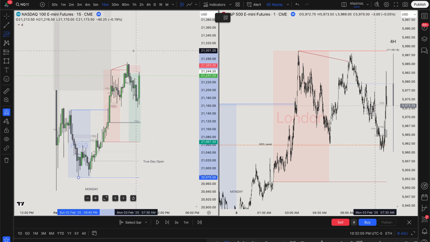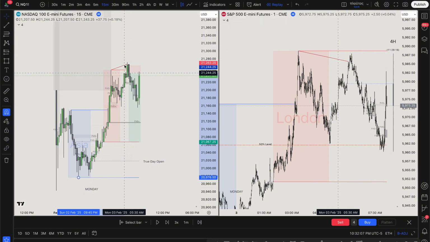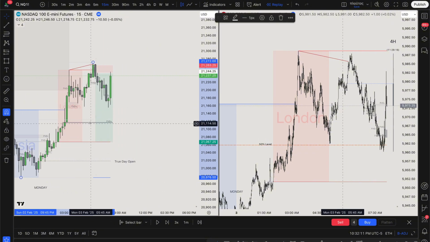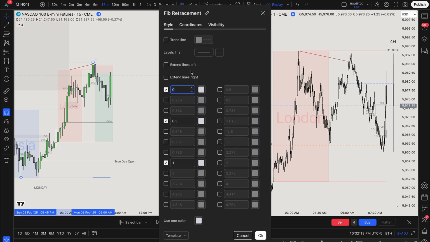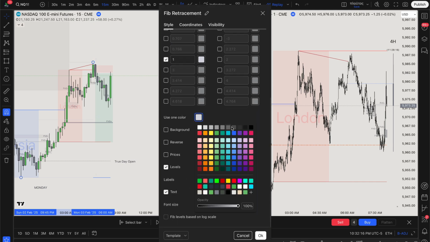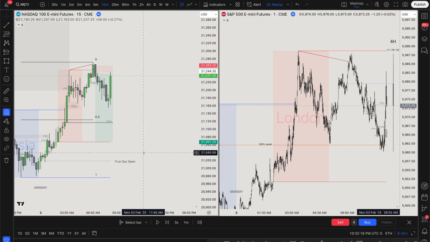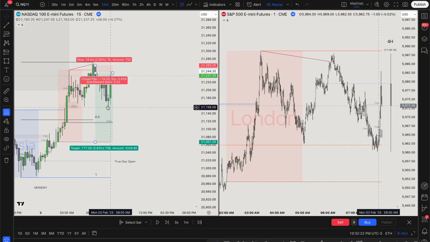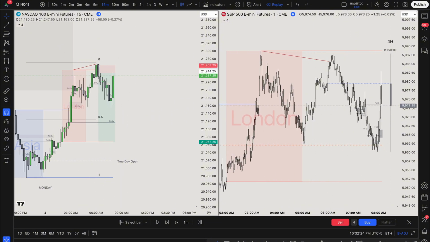Let me mark this dealing range. There we go, there's the 50% range right here. ES took that, so we got an SMT, and then price reversed up, and I got stopped out at break even.